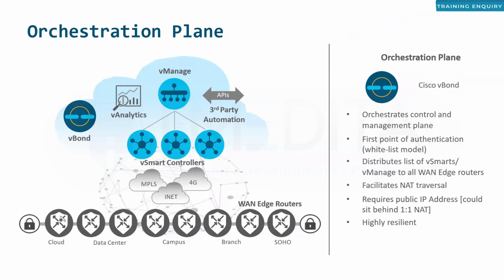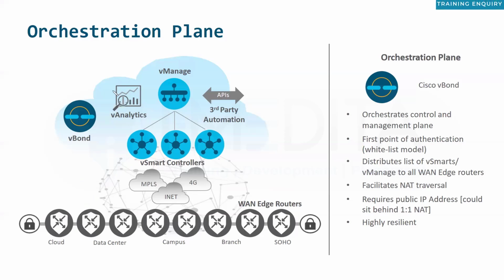The thing is that the managed router cannot talk to vSmart or vManage directly. There is no way the managed router could directly communicate with vManage or vSmart. Before you onboard or deploy the managed router, you must deploy all your control components.